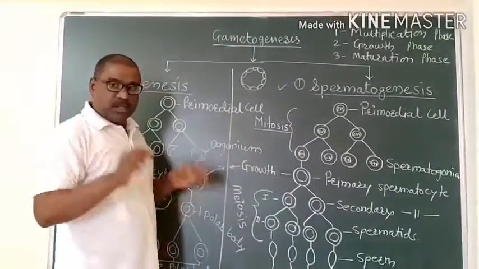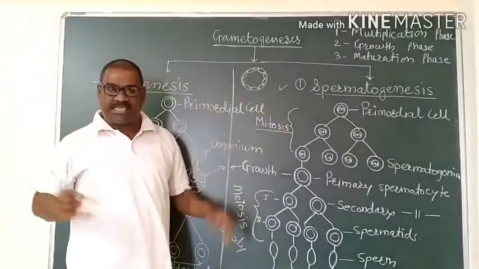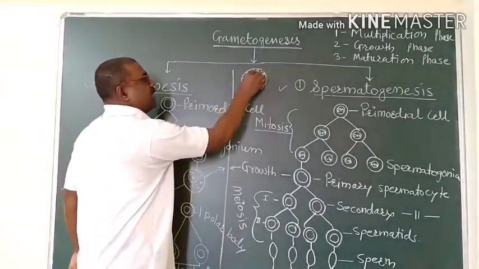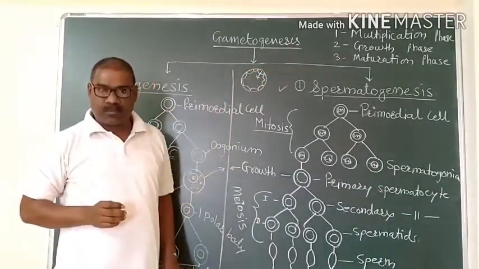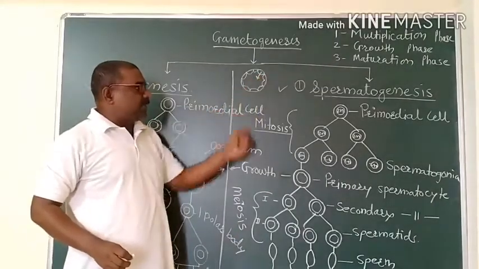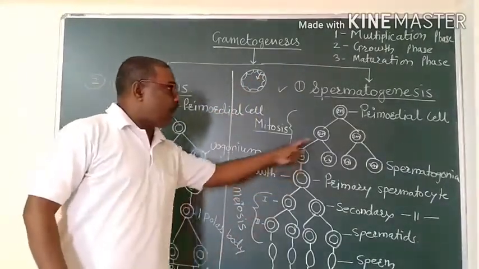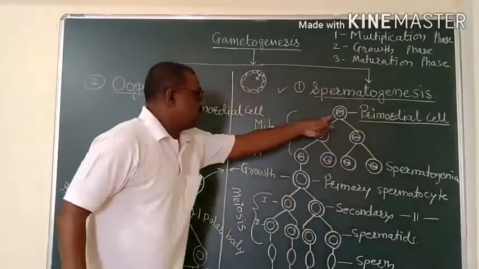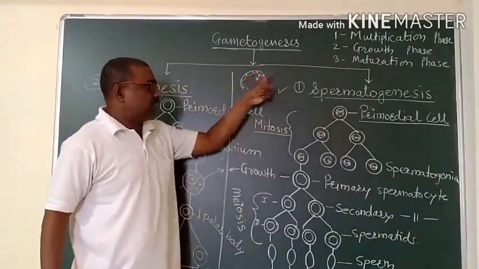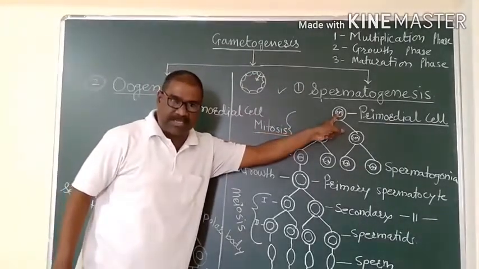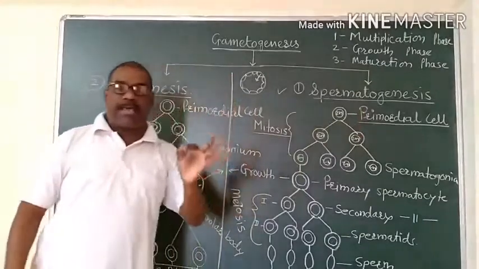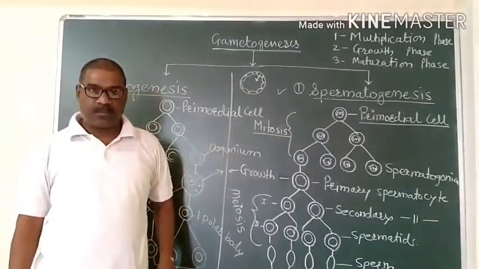Actually, the process of spermatogenesis takes place from this germinal epithelial cell, and this germinal epithelial cell is called a primordial cell.